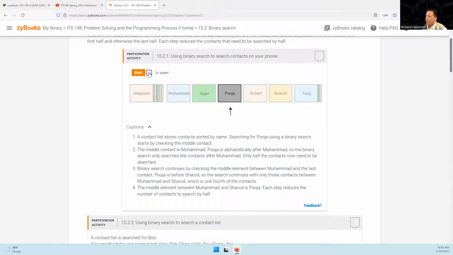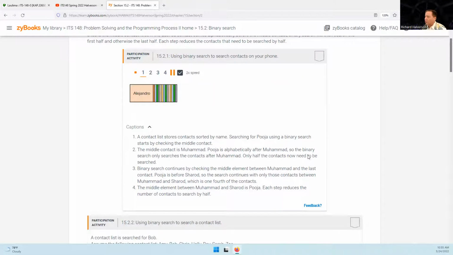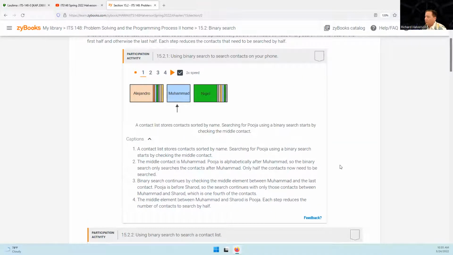You can go through this. Let's see what example they use. So here we're searching for Pooja, and it starts with the middle one, and the middle one turns out to be Muhammad. So it's going to be in the upper half, so we've eliminated the bottom half. Now we're looking in the upper half, and we split that in two.